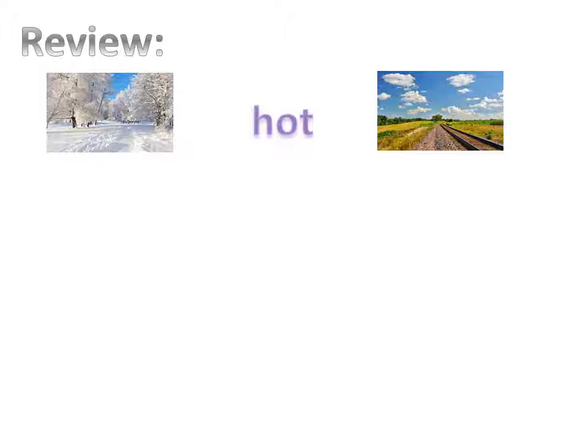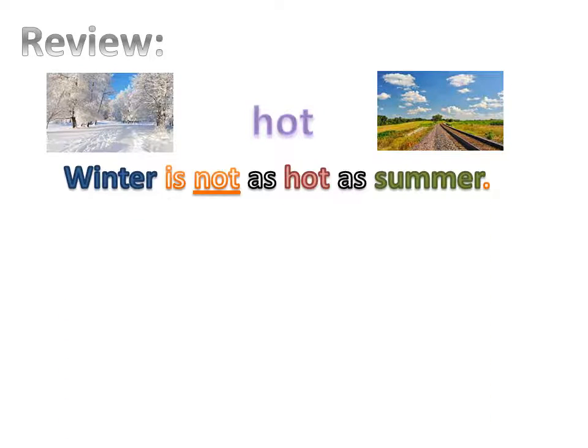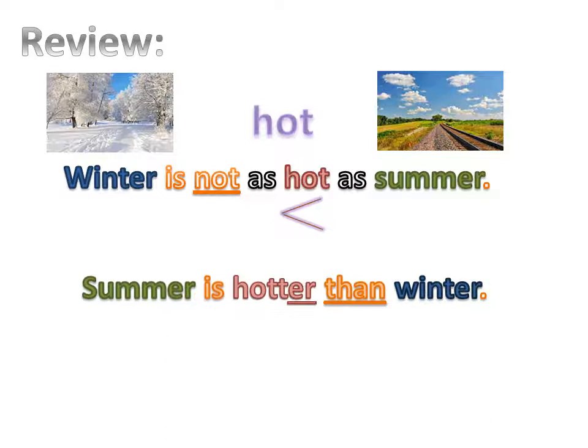So, to express this difference, we said winter is not as hot as summer. And again, this difference tells us that the subject of the sentence has less of the quality than the object of the sentence. However, there's another way to say this.